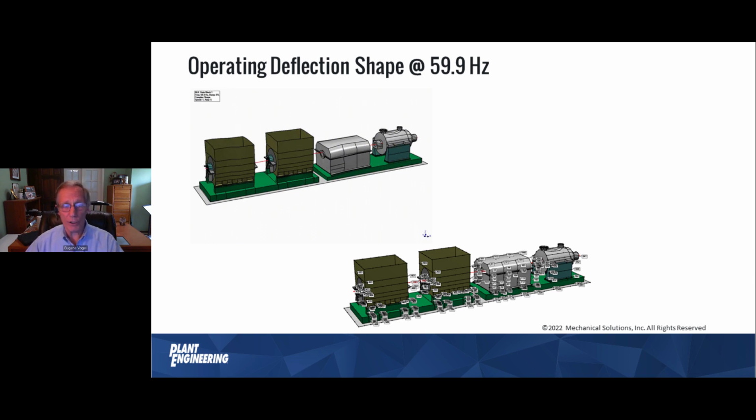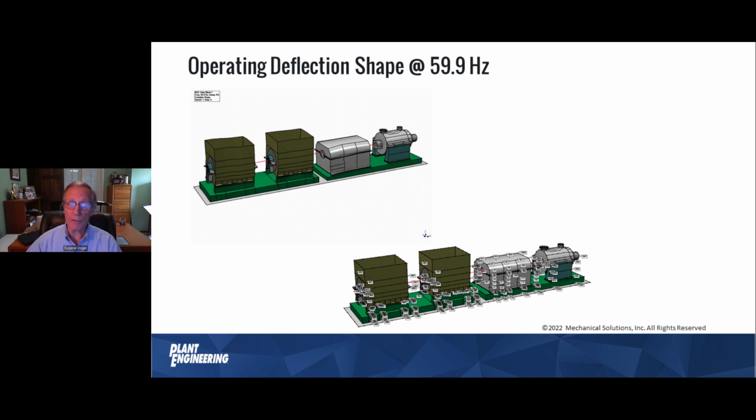So that motion is shown in that operating deflection shape animation produced with a traditional set of vibration data. If you look at the picture lower and to the right, every one of those labeled numbers is a measurement point. At every one of those measurement points, they took a horizontal, vertical, and axial, an XYZ reading. Man, there's hundreds of actual measurements done to do that. That's about a day's work. You could set up and get that done in a day if you had everything ready to go.